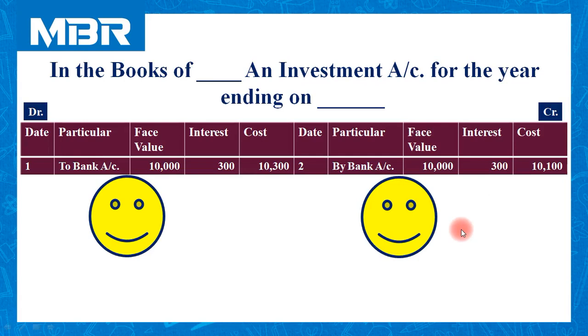So in this way, you can calculate cum-interest purchase and sell, ex-interest purchase and sell. Whatever the nature of the transaction is, we need to pass journal entry for purchase, investment account debited, interest account debited to bank account, and for sell, bank account debited to investment account to interest account.